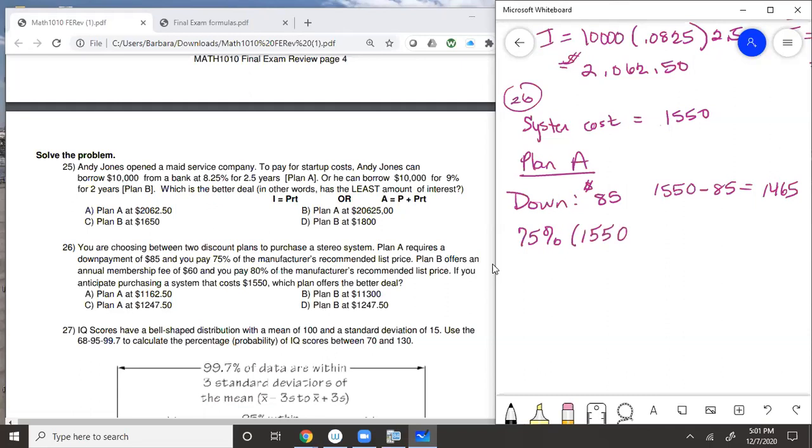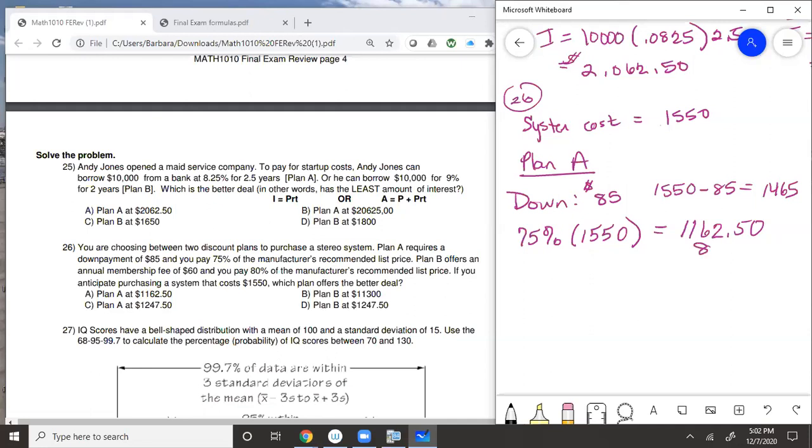Or did I do that wrong? 0.75 times the 1550, right? We don't do the 1465 times 0.75. Well, now it's choosing between two discounts, Plan A. It's an and, right?